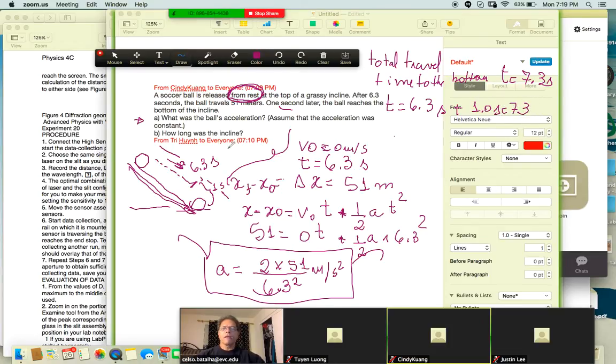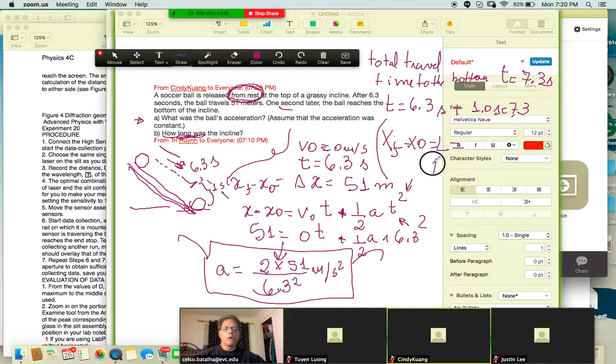So we want to find how long the incline was. We want to find distance, right? We want to find x final minus x naught. That's the size of the incline. And then you use basically exactly the same equation, except that now you know the value of acceleration and the time, 7.3.